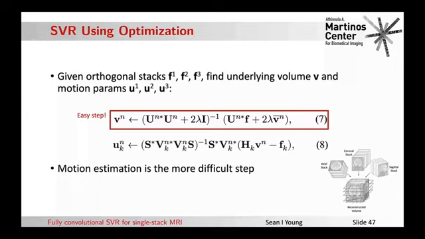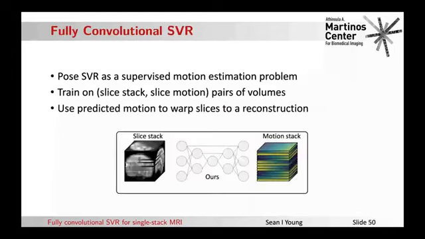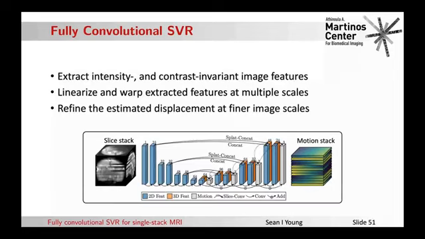I think Paul also knows this, right? All of this is very non-convex, but using the motion to reconstruct the volume is completely convex, right? You just have to warp all these different slices using the estimate of the motion you have, and then you're done. So that's why we realized that if we can regress a motion stack from a slice stack, then we should be good to go.